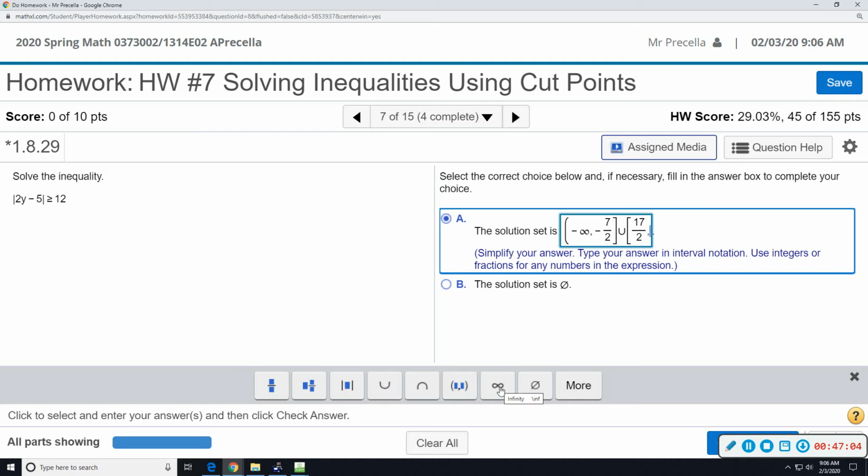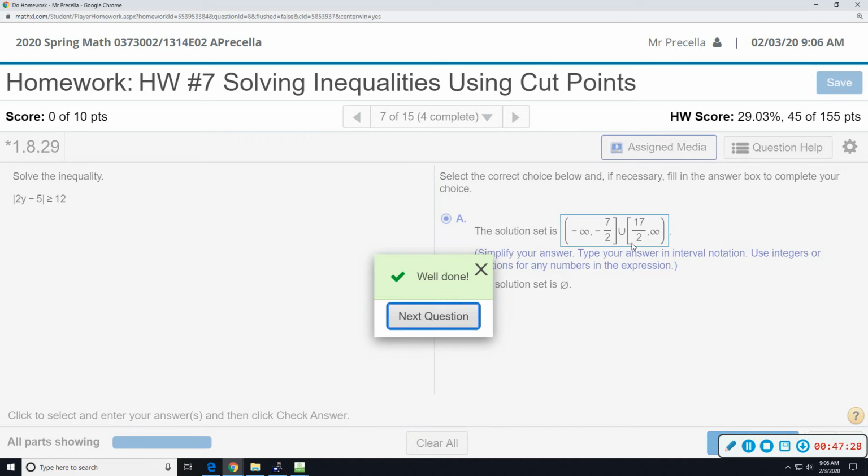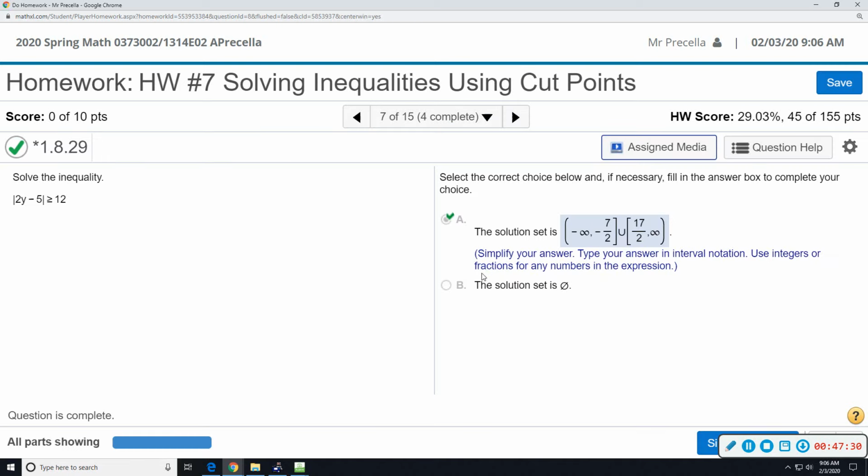Right there, and parentheses. Can y'all tell that the bracket is a little bit sharper point than the big parentheses? Hopefully you can tell this is a parenthesis and this is a bracket. Any questions over that?